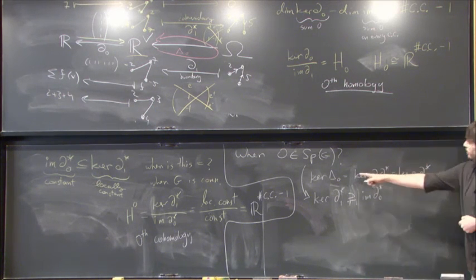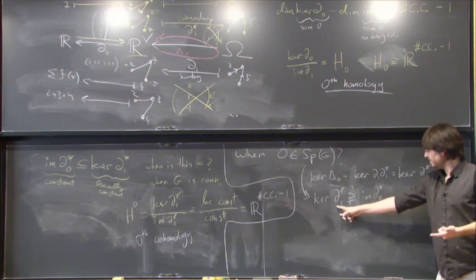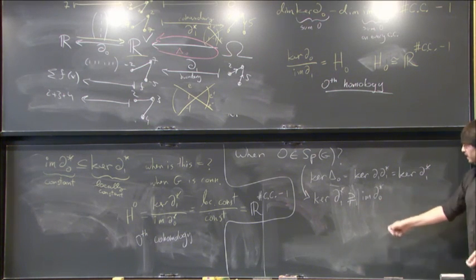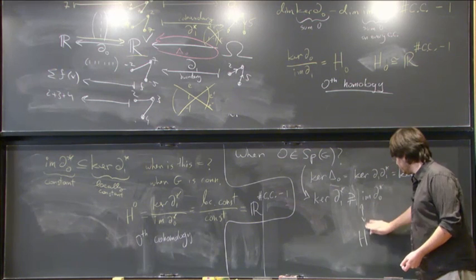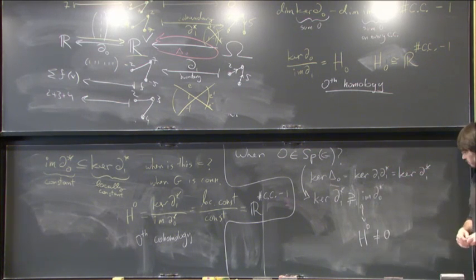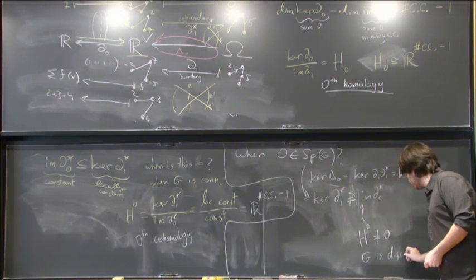The kernel of the Laplacian is the kernel of the coboundary. We're not looking at what comes from the image, we're looking at the orthogonal complement, so we want to know if there is more. And this is exactly the zeroth homology being different from 0. So when G is disconnected.